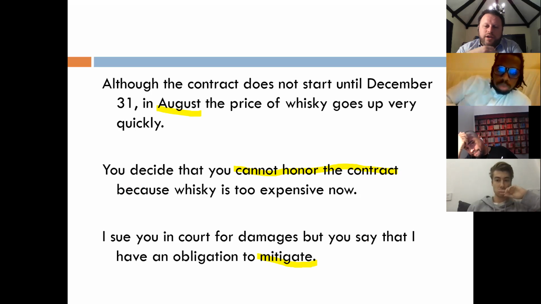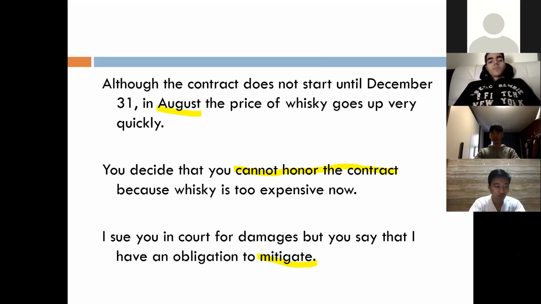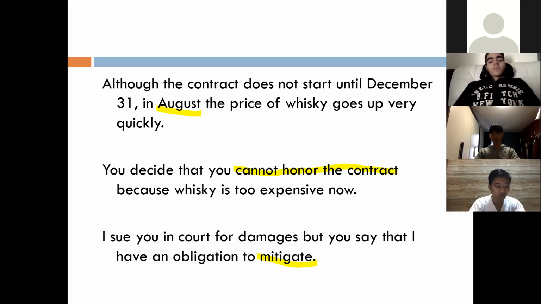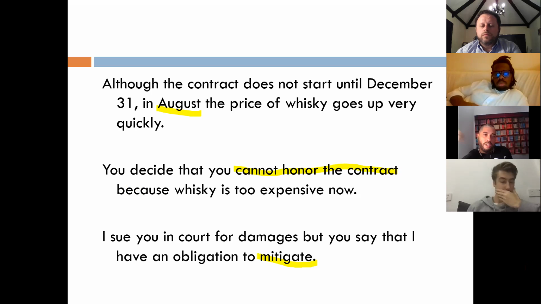What do you mean by working on it? In this example, where I was going to buy whiskey, what would it mean to make my damages small? What would that involve? You would find another supplier, but I think whiskey is kind of a market price. So if you go to another supplier, probably you have the same price.